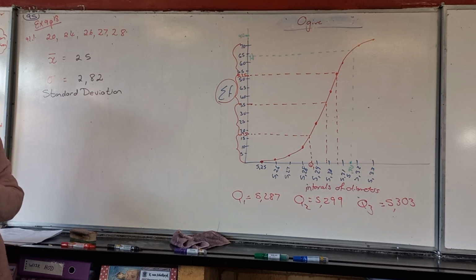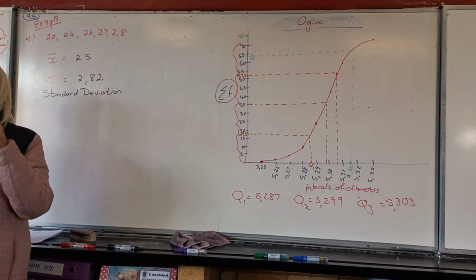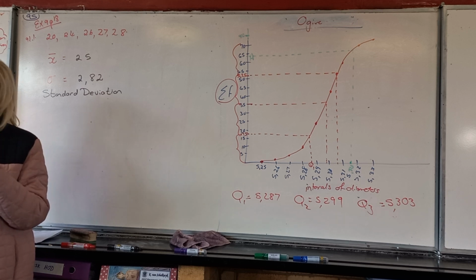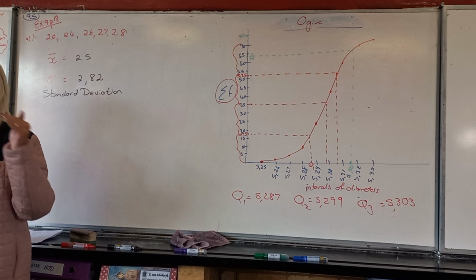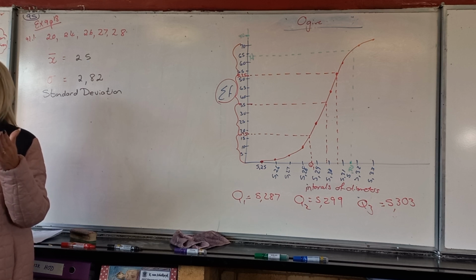What it now means is that within one standard deviation, normally 2/3 of your data will lie within one standard deviation. I'll show you a sketch just now. So within one standard deviation should be, in general with a normal spread, 2/3 of your data.